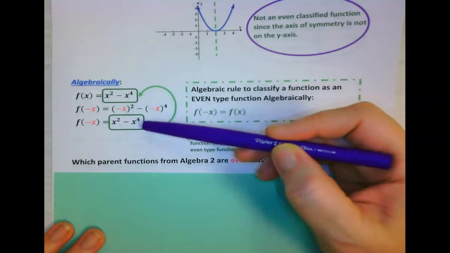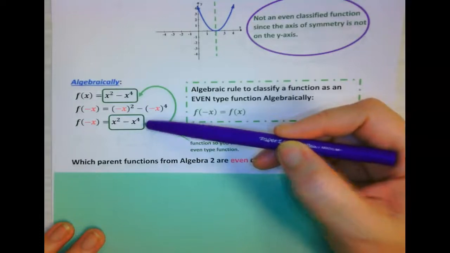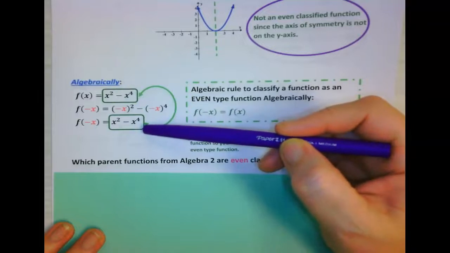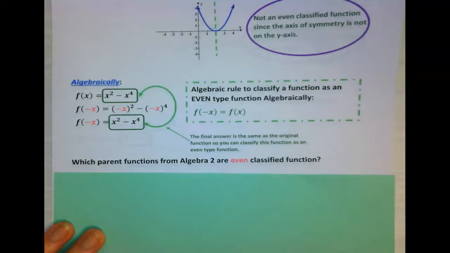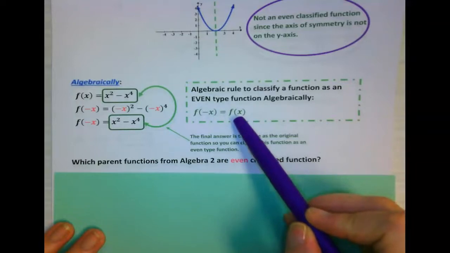Then we have that negative in front, so we end up with this particular equation after we've made that negative x substitution. And what I hope you remember then is when you see this original function and you make that substitution and you still see the original function, then we know that it can be classified as an even type function. And so the rule was plug in a negative x and get the original function out.